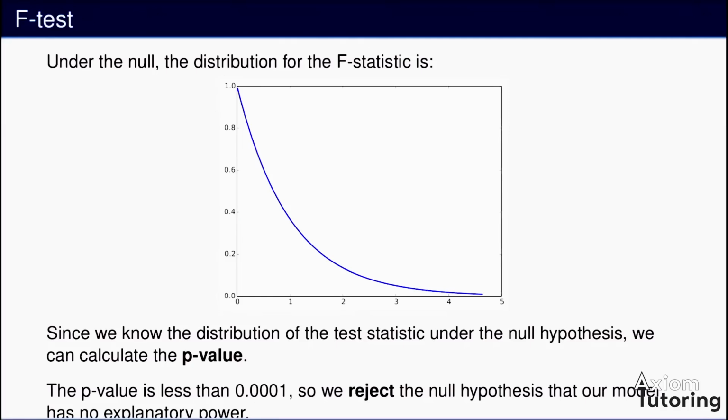Now you can already see that this is going to be very, very small, okay? Because here already at 5, the area that is under the curve for values greater or equal to 5 is already super, super small. So the p-value is actually less than 0.0001. So we reject the null hypothesis that our model has no explanatory power.